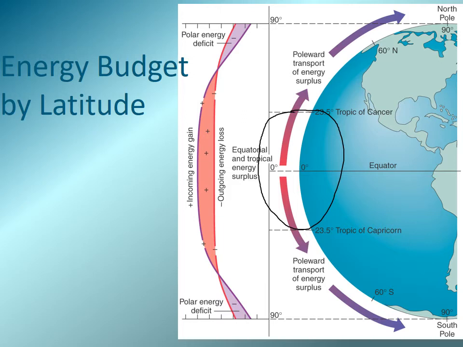We still have a lot more energy at the tropics than we do at the poles. In fact, we have positive energy, we have a gain in energy at the equator, so much so that some of that energy has to be transferred to the poles because the poles have an energy deficit, both of them. The whole reason why weather even occurs is because of this difference in energy between the tropics and the poles.